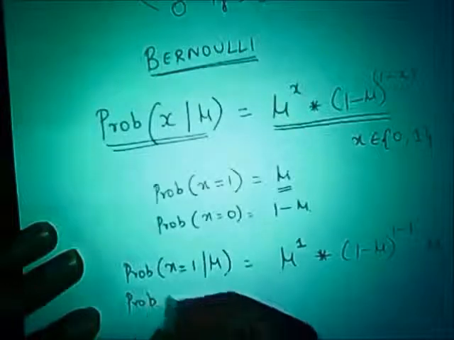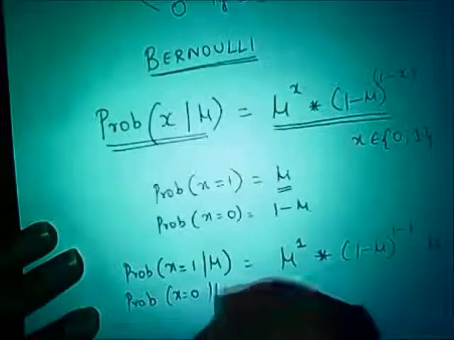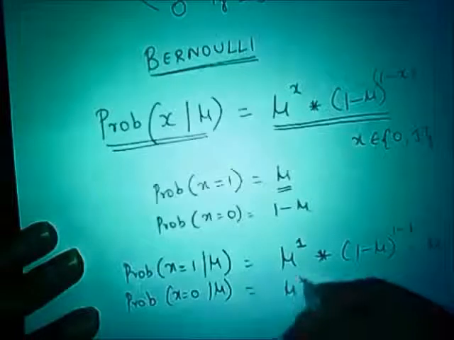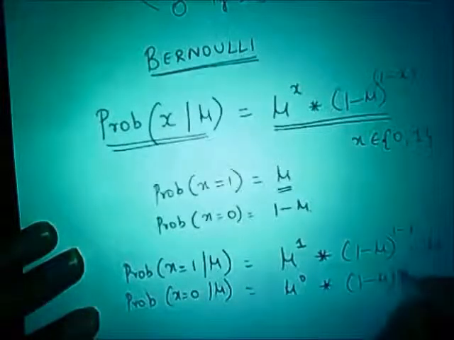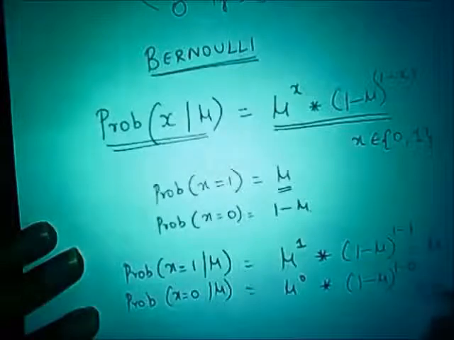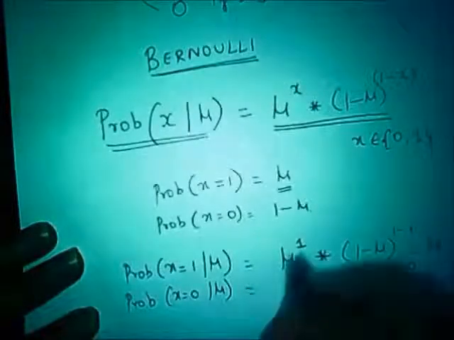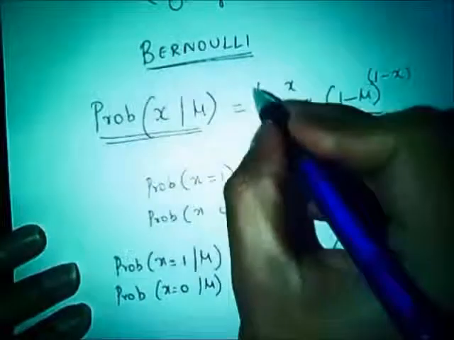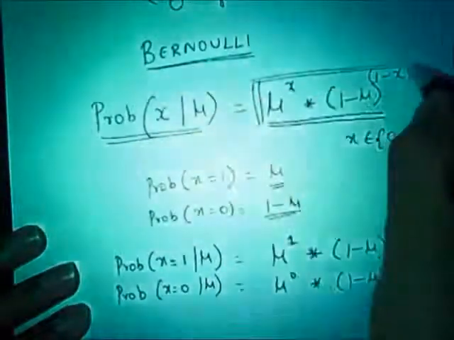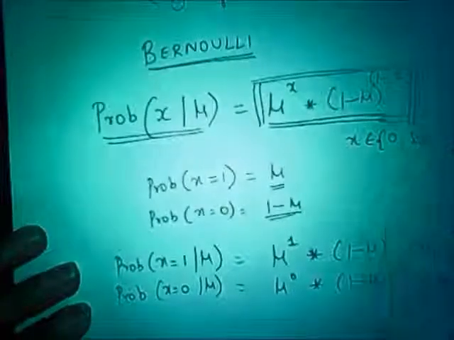Similarly, the probability that x equals 0 given mu equals mu to the 0 multiplied by 1 minus mu to the power 1 minus 0, which is 1 minus mu, which is what we have seen earlier. So this is a parametric representation of the probability distribution for a Bernoulli trial.